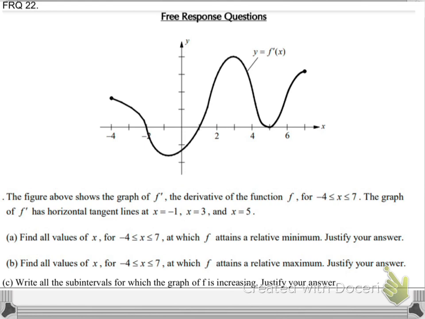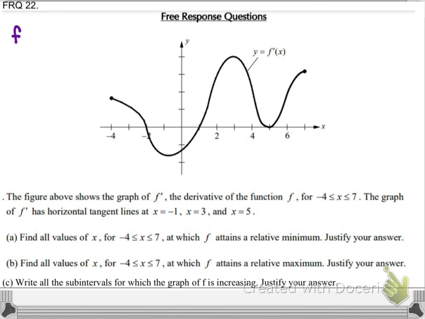Write all subintervals for which the graph of f is increasing. And I think I mentioned that earlier. If you are given an f prime graph, look at what intervals the f prime graph is above the x-axis. So I'm going to write my answer here because I don't have space.